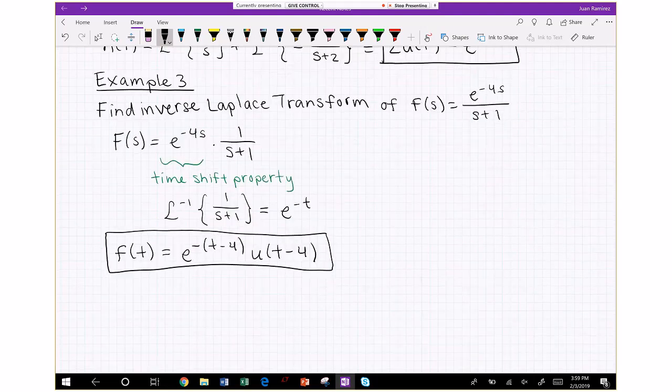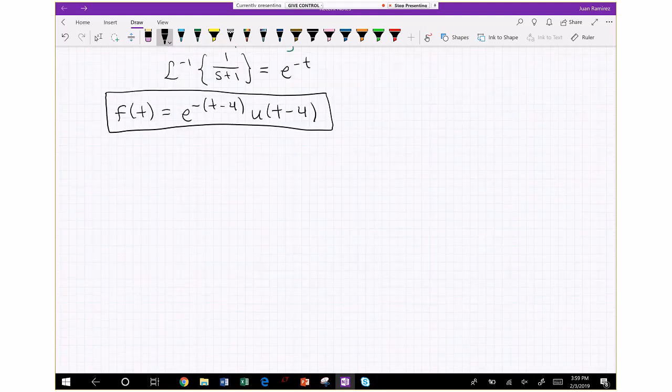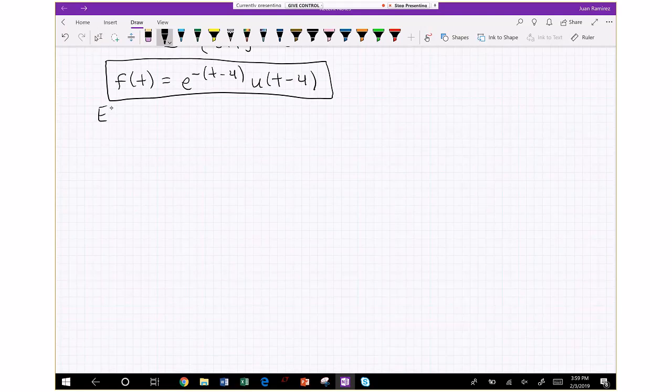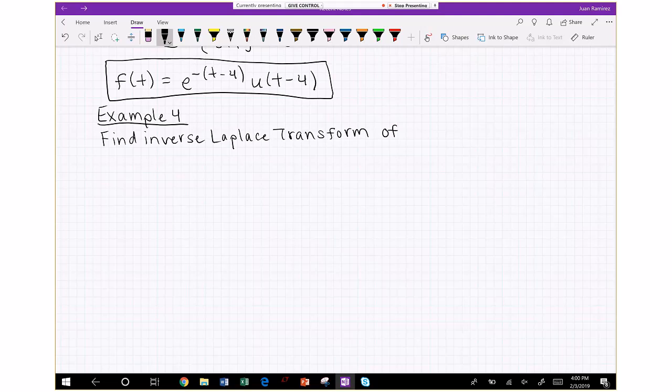Okay, now let's do two more examples. In example 4, we are going to do the inverse Laplace transform of some s domain function G equal to 8 over s times s plus 1 squared.